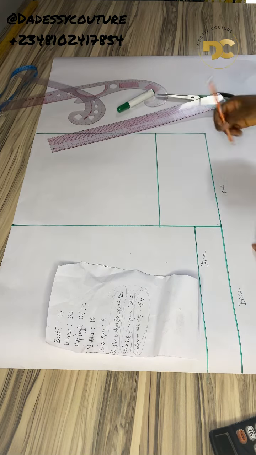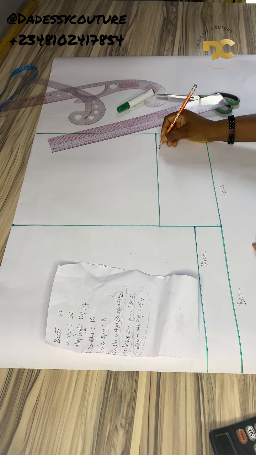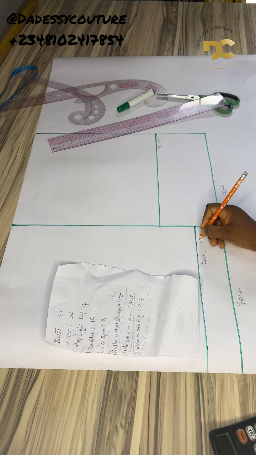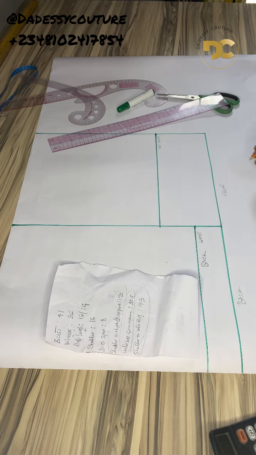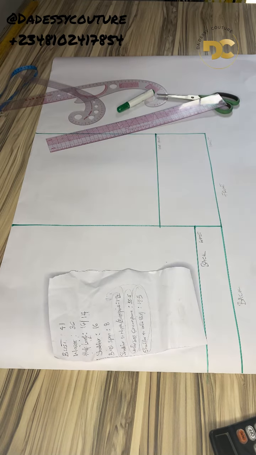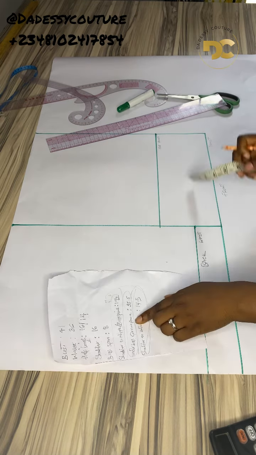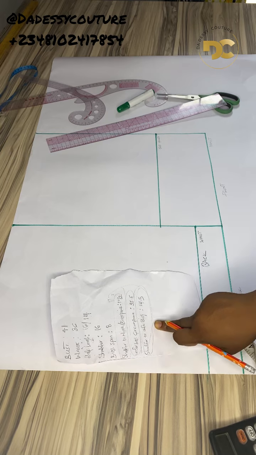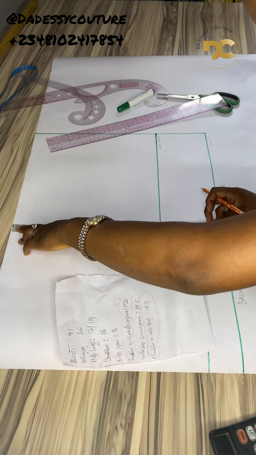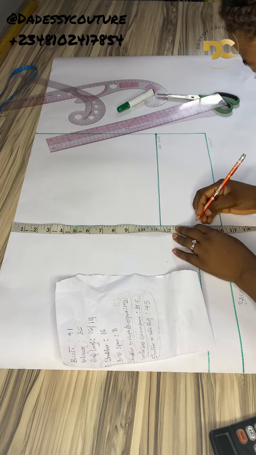So now I'll just go ahead. This is the bust point. This is waist. This is waist as well for the front. Okay, so now the other measurement is my under bust, from shoulder to under bust, which is 14.5.